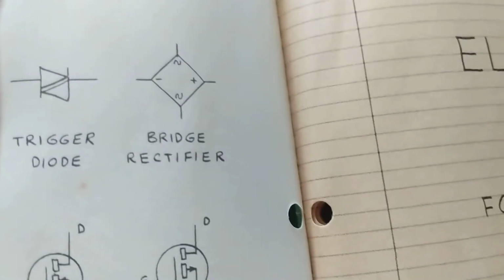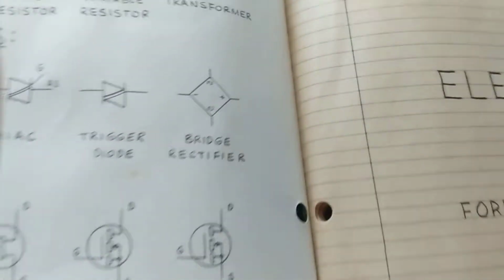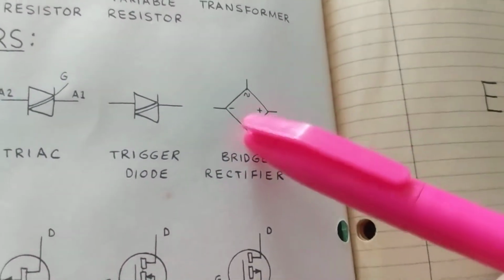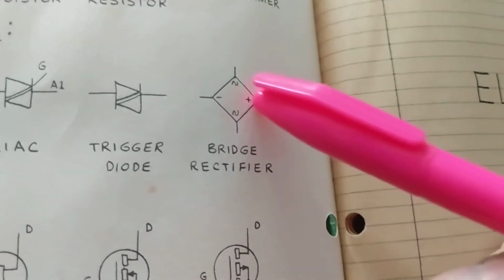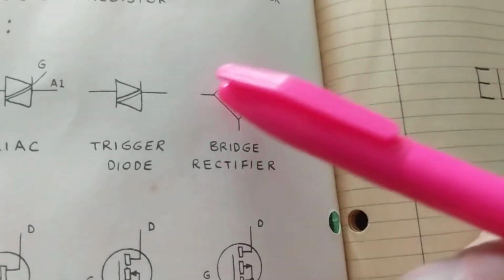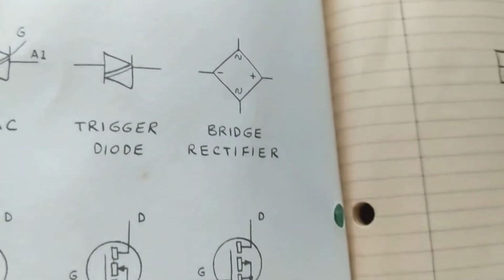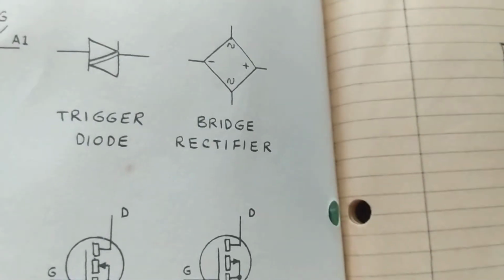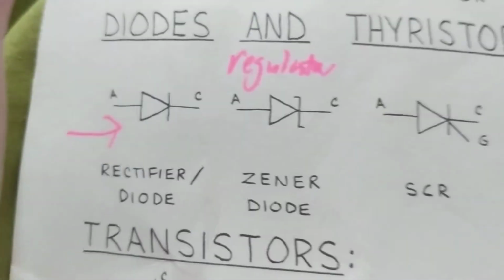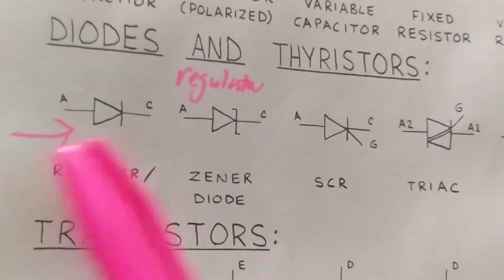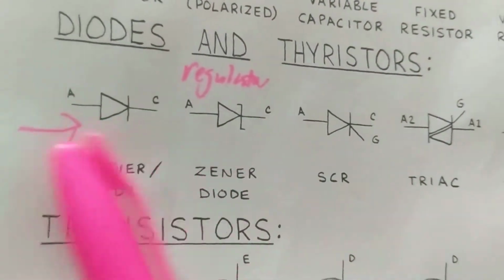It needs DC. So we have four diodes connected in this way: a diode here, a diode here, a diode here, a diode here. Now there are silicon diodes, there are germanium diodes. Most of the time we use silicon, and the voltage drop across it is about 0.6 volts when it conducts.